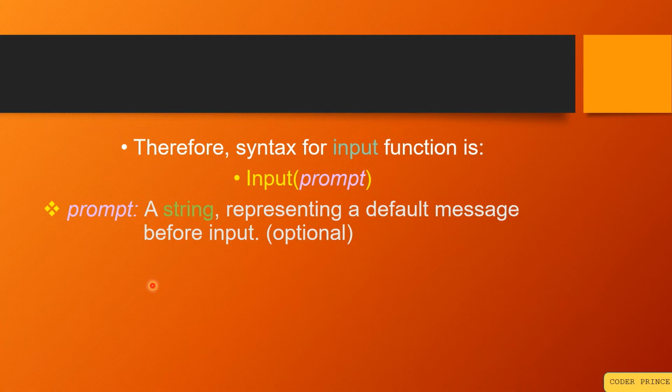So say you want to take an input, but the user does not know what the input is about, whether it is an age or a name or a roll number or whatever is required by the program. Hence you provide this text message or a string so that it helps the user identify what kind of information the program requires.